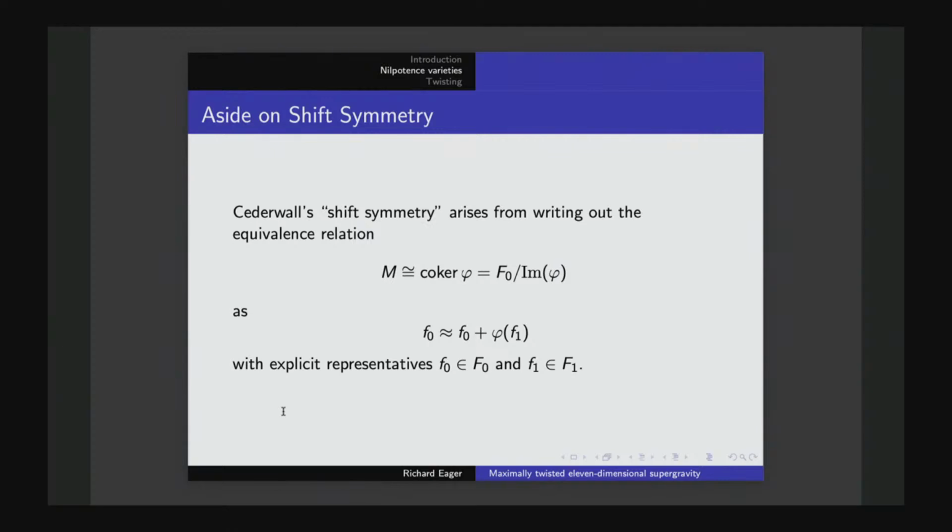Taking this definition of the cokernel, we're always going to describe modules as cokernels. Writing out what it means to quotient, it just means that an element of M can be viewed as an element little f0 of this free module, up to a shift by anything that's in the image of phi.